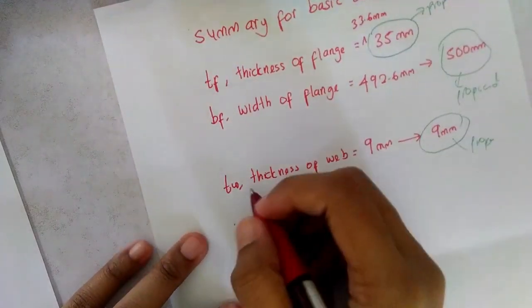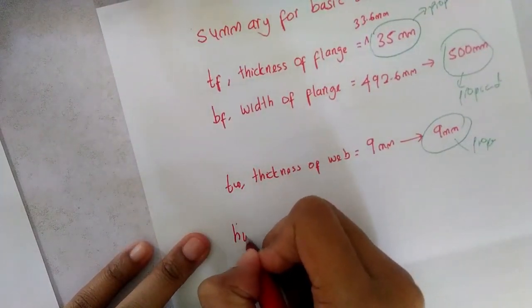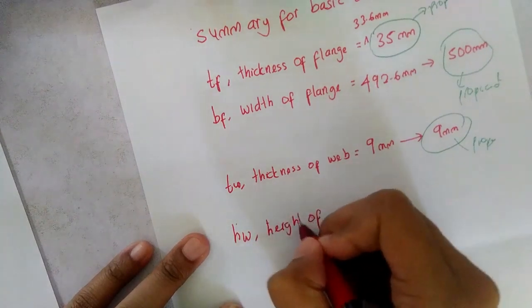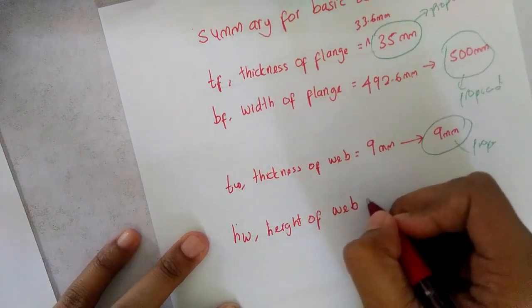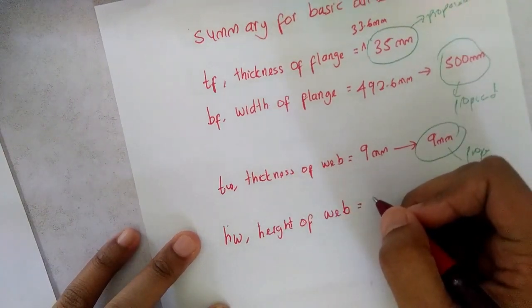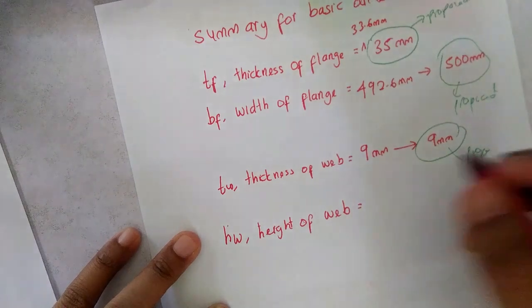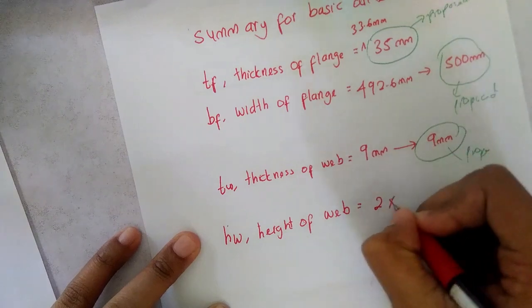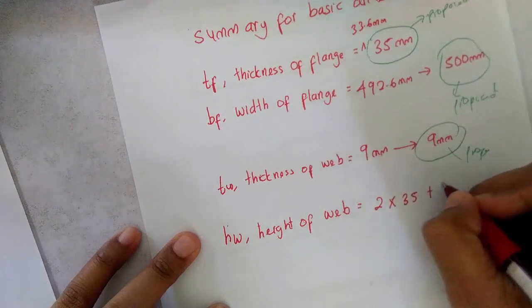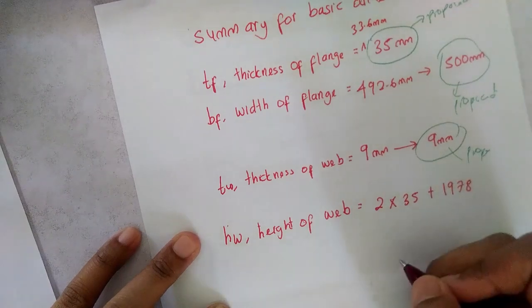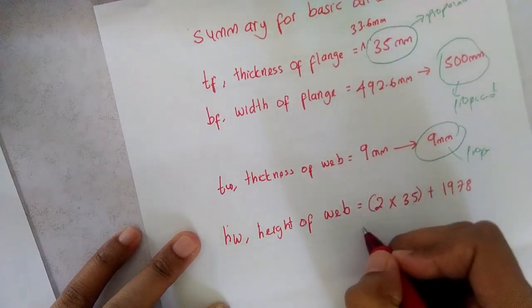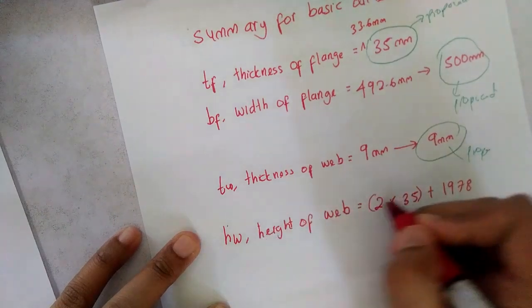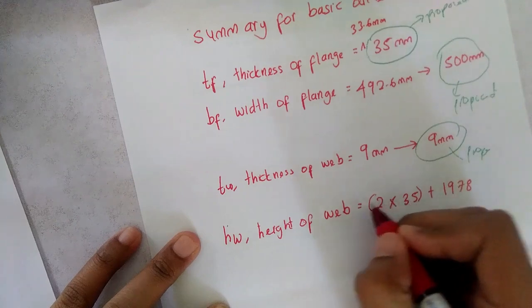The last one is the height of web, which we propose to be 2 times 35 plus 1978. So the overall height of web is 1978.